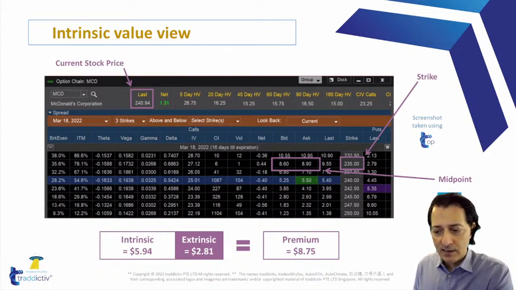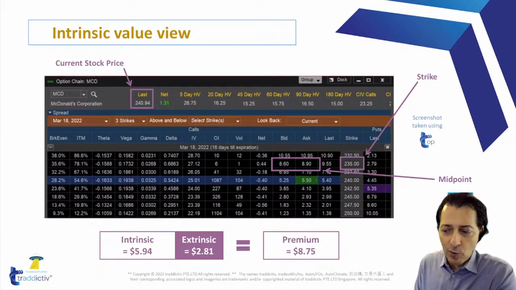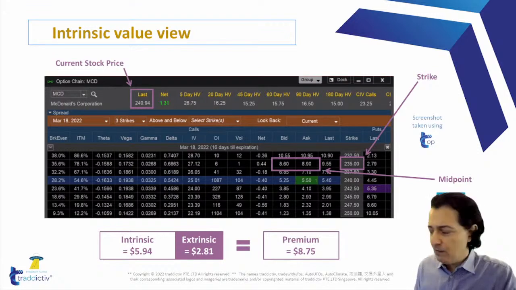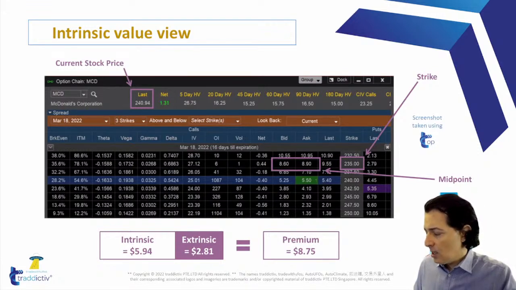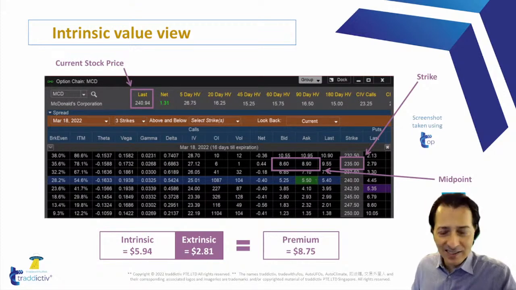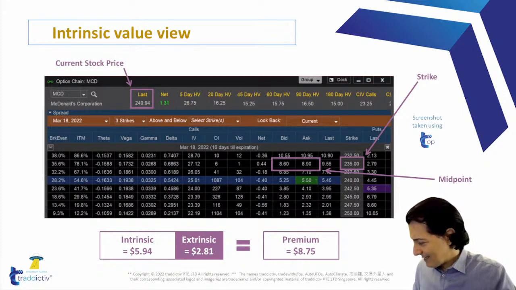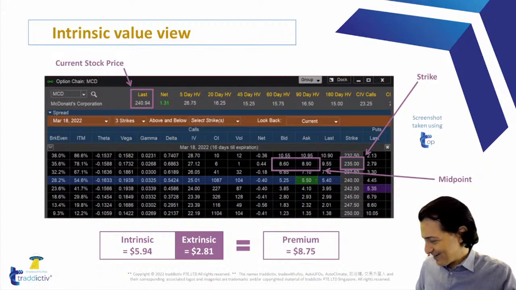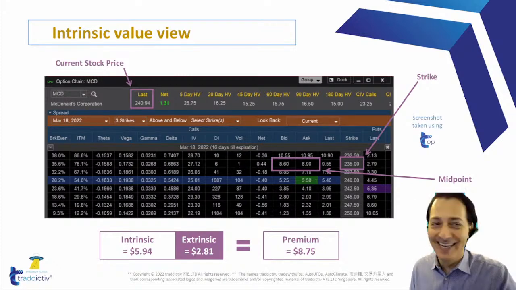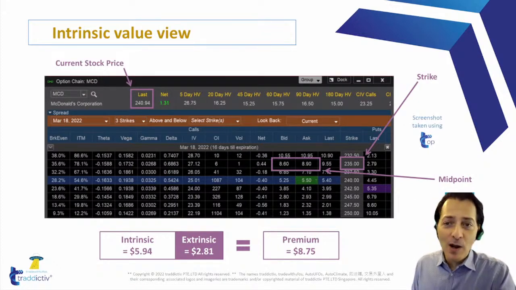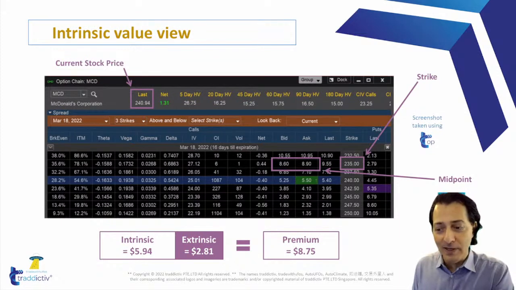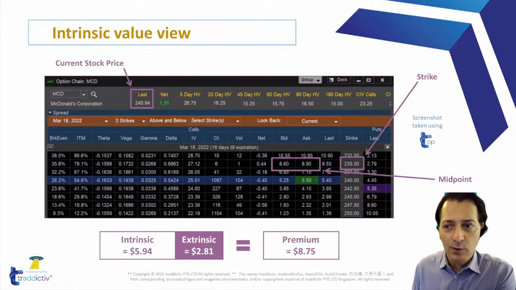That is the intrinsic value, and whatever is left, if you do the math, is 2.81. 2.81 plus 5.94 equals $8.75, which is the real-time price of the option at that moment in time. Super happy, very good. So you may want to think about it this way: intrinsic value makes you happy. Intrinsic value is an advantage.